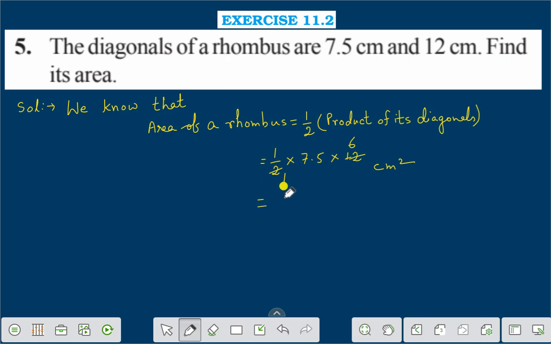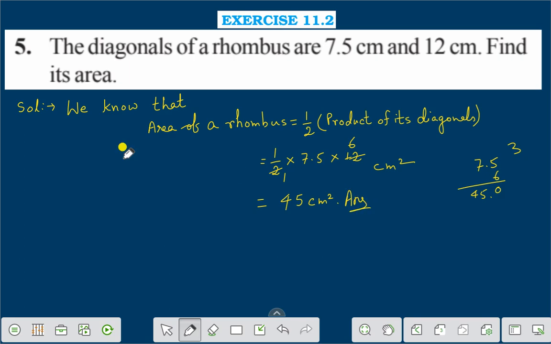If we multiply 7.5 with 6, 6 times 5 is 30, write 0 and carry 3, 6 times 7 is 42 plus 3 is 45. Therefore we are getting 45 centimeter square. This is the area of the rhombus.